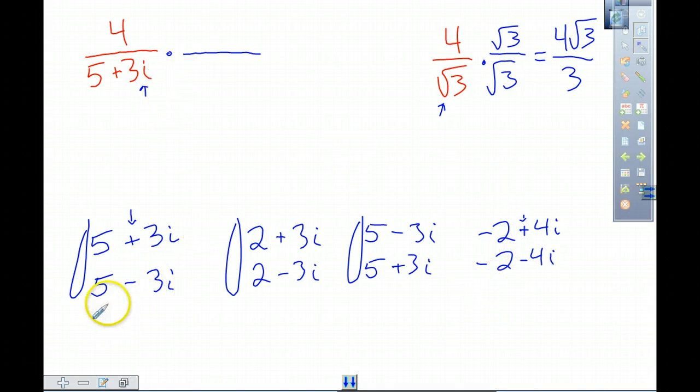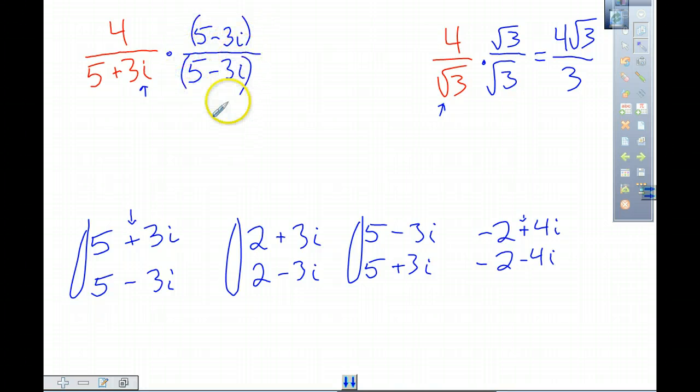So going back here, our conjugate is going to be 5 minus 3i.